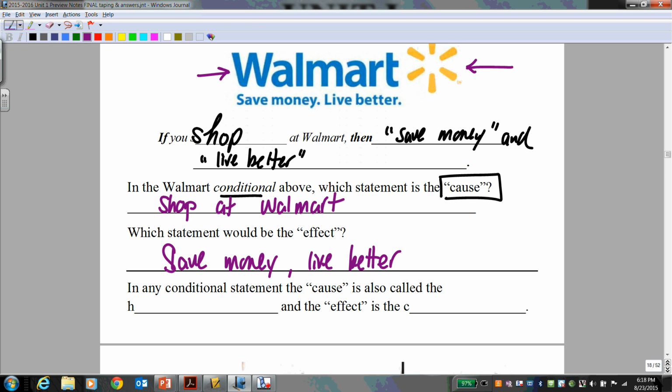The cause is shopping at Walmart. The effect is save money, live better. When we have an if-then statement, in any conditional statement, the cause is called the hypothesis, and the effect is called the conclusion.